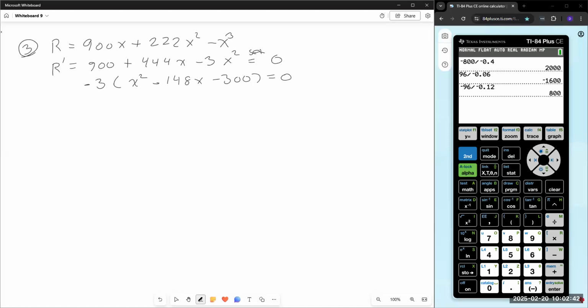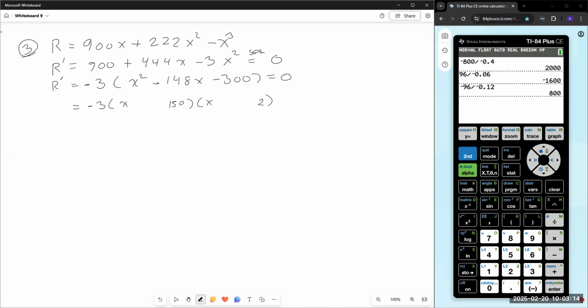I'm not just dividing through by that negative 3, because if I did that, I'd change my sign of R prime here. And I want to keep track of all my positive and negative factors here. So negative 3 is a negative factor. It needs to sit out there. So negative 3 times x and x. And we have 300 is going to be 150 and 2.